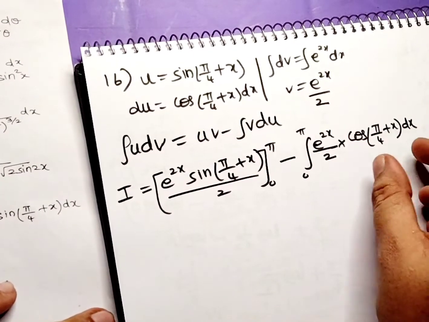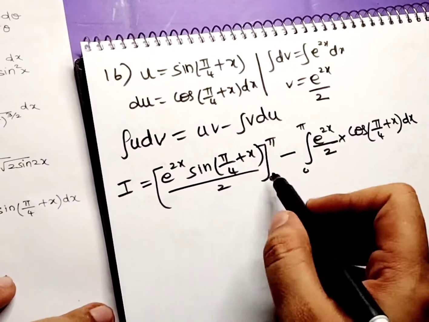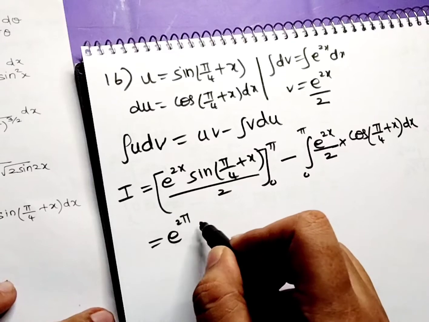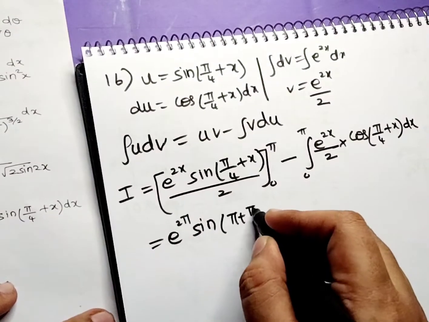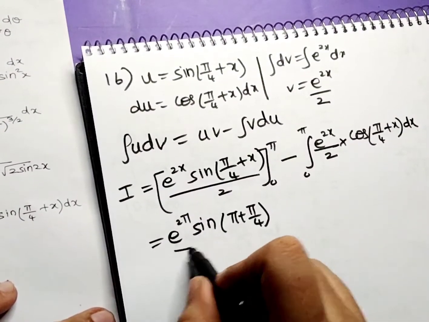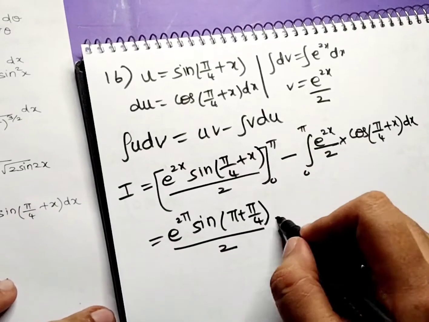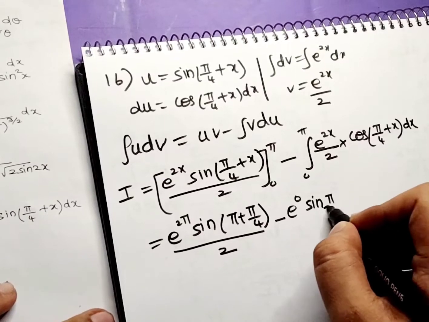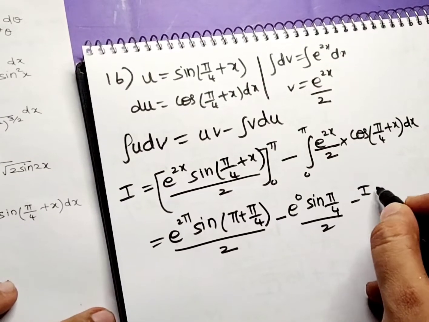We will take this as I1. Here we will do the upper and lower limits. That will become e power 2 pi sine of pi plus pi by 4, the whole by 2, and minus the lower limit e power 0 sine pi by 4 by 2 minus I1.